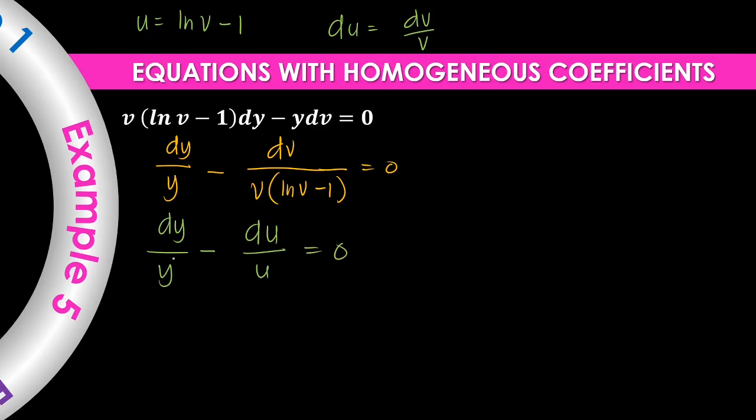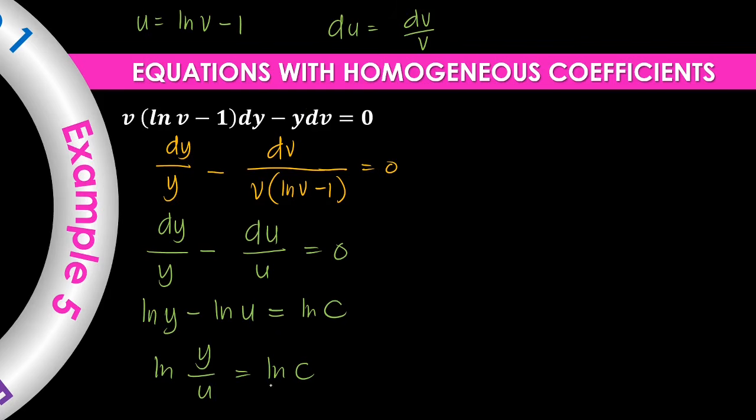So integrating, I will get ln of y minus ln of u equals, since we have ln's here, I will also use ln with the arbitrary constant. I can write this as ln of y over u equals ln of c. And then after that, I can raise both sides of the equation to e.